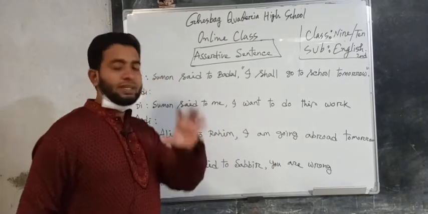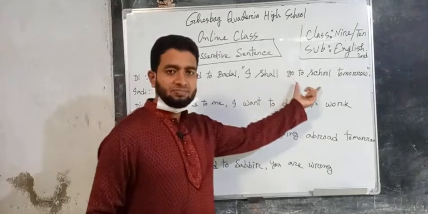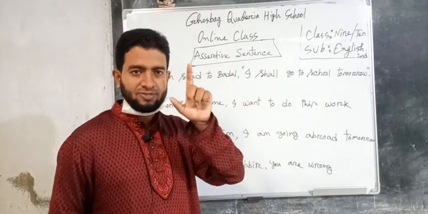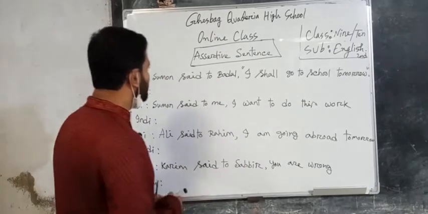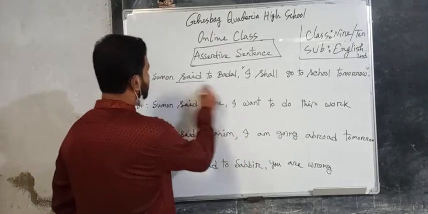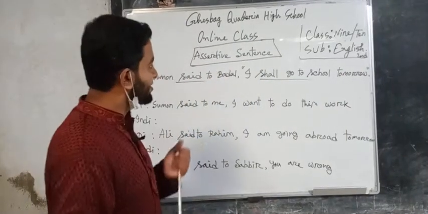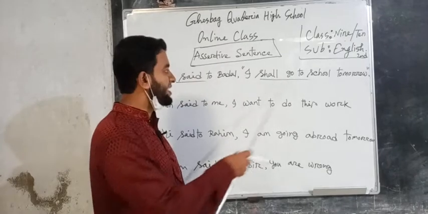First of all, you have to identify what kind of sentence it is. So we know this is the reporting verb and this is the reported speech. I shall go to school tomorrow.